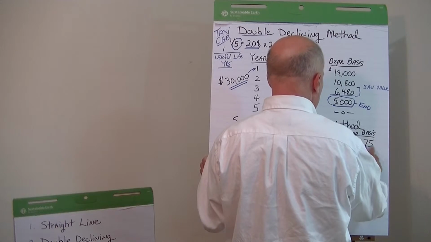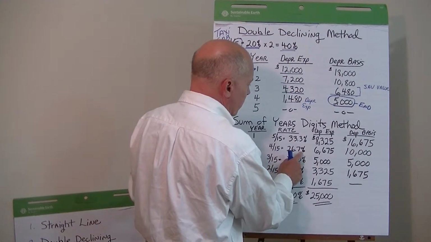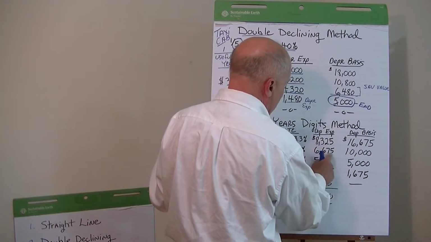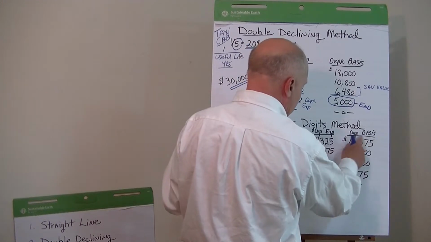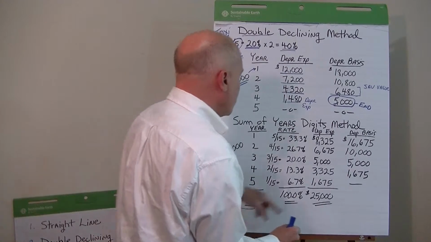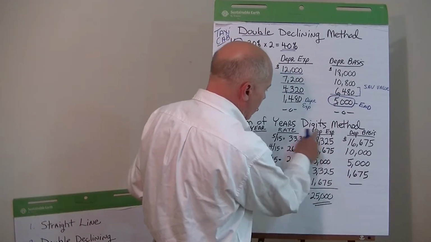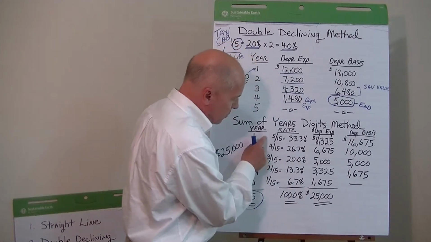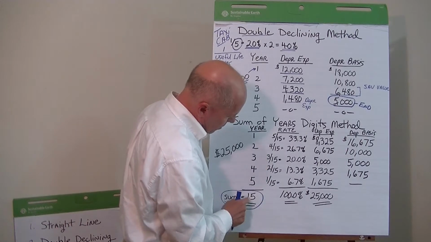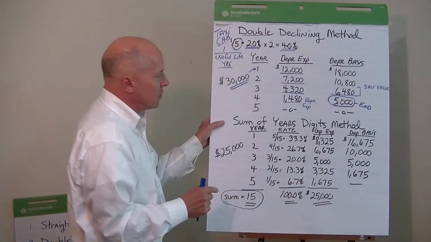Then you take this 16,675 times 26.7%, which is $4,450. You just follow it in your depreciation schedule. Set up your depreciation schedule with these rates per these fractions that you come up with, and that becomes your depreciation schedule under the sum of years digit.